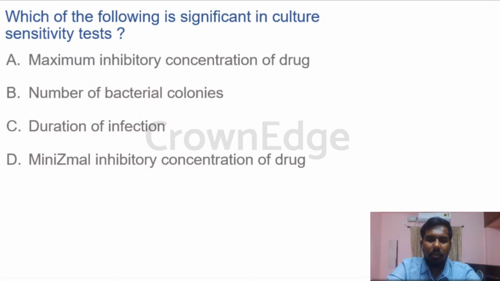Whichever drug has the least minimal inhibitory concentration, we can give that drug to that patient for the infection to subside. Yes, to check drug resistance probably. So the answer is D, minimal inhibitory concentration of drug.